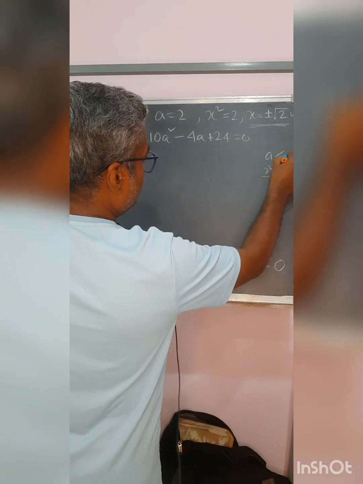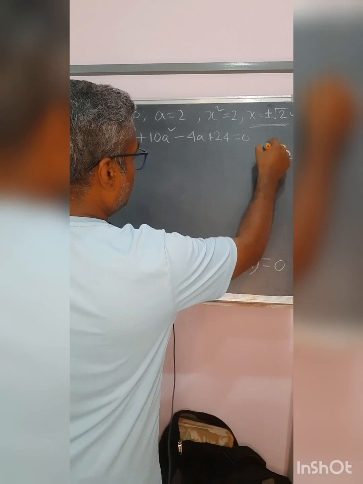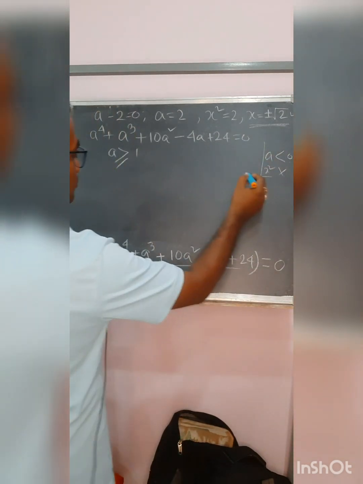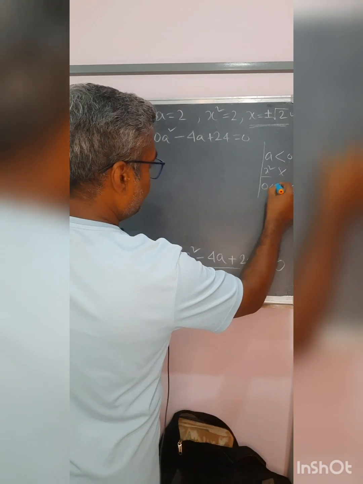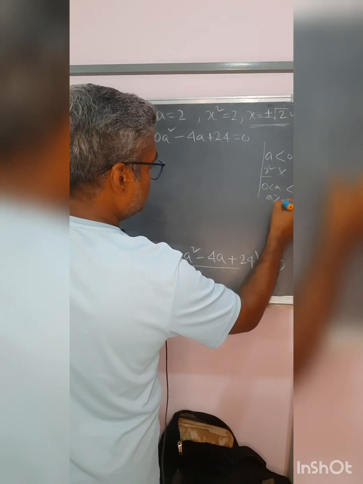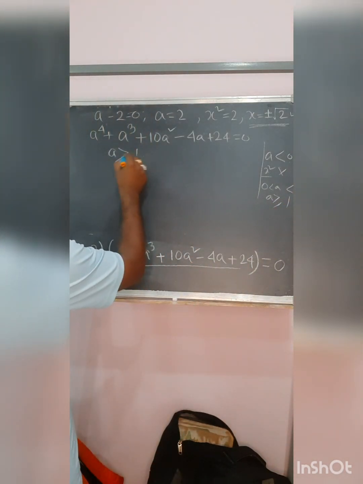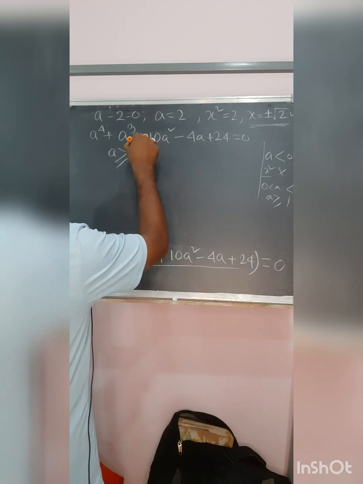If anything is less than 0 for any square, it is usually unreal. So, directly this is nullified. So, a could be either a fraction from 0 to 1, or any integer or any fraction which is greater than 1.